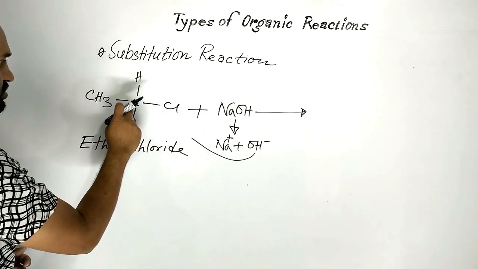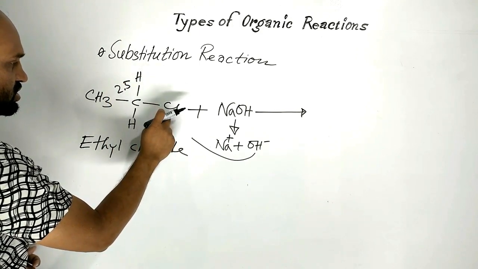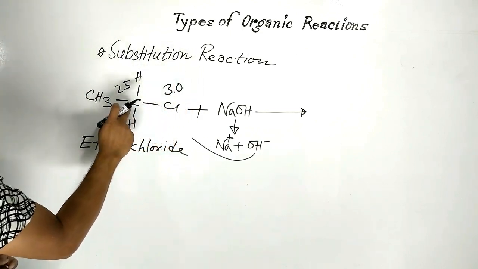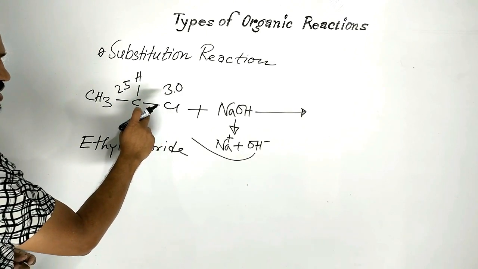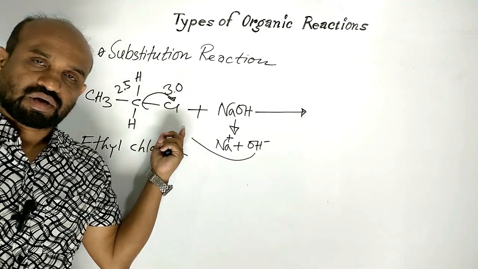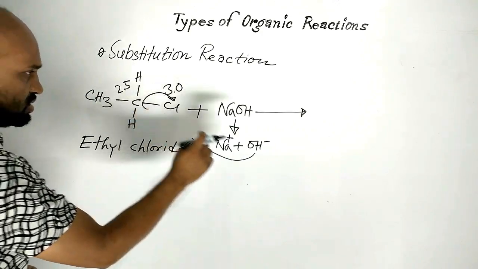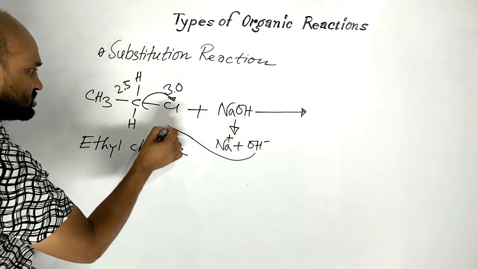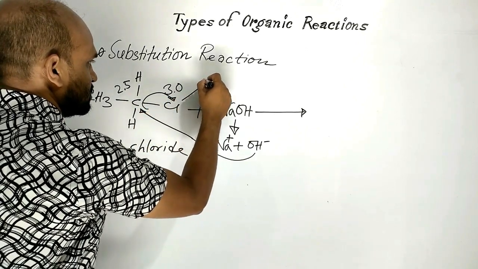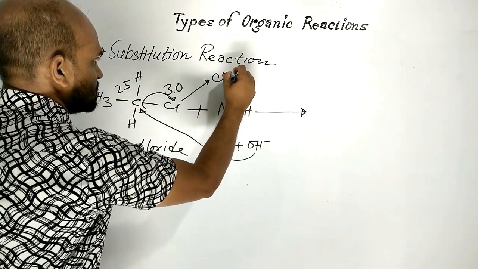Here electronegativity of carbon is 2.5, but electronegativity of chlorine is 3.0. That is why the carbon-chlorine bond undergoes heterolytic fission. As a result, this hydroxide ion attacks this carbon and this chlorine quits the molecule as chloride ion.